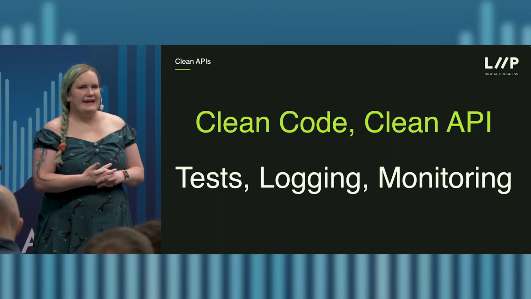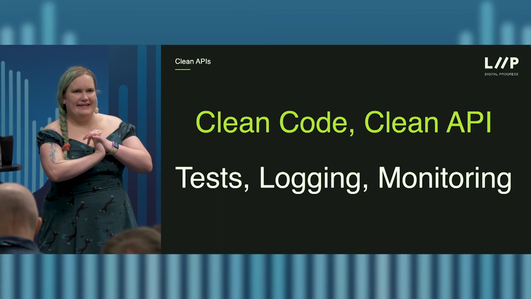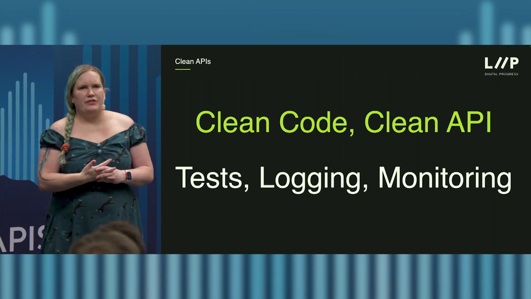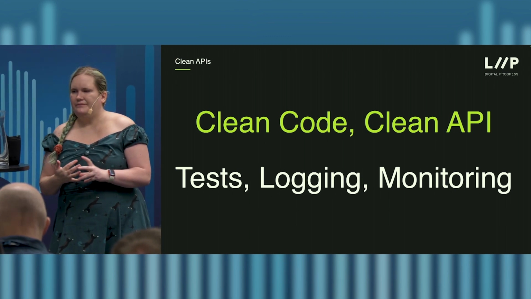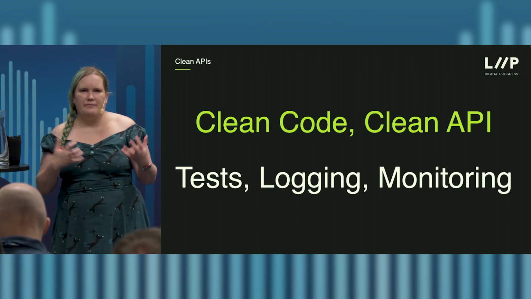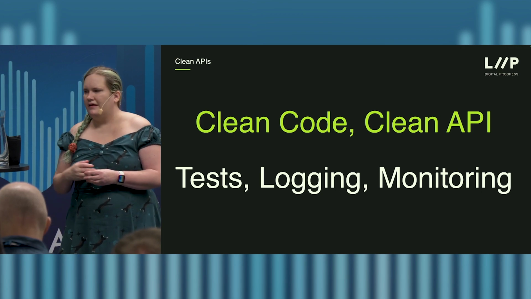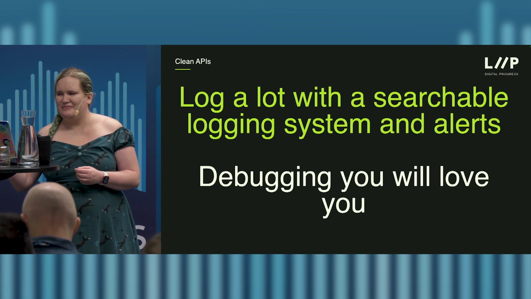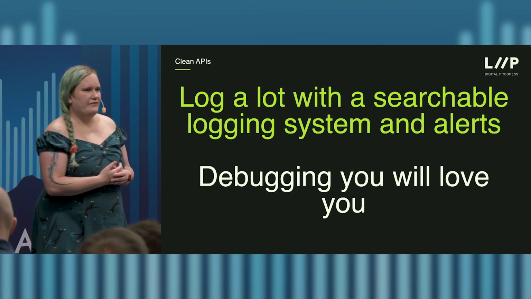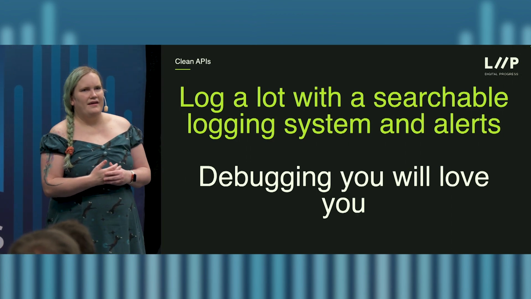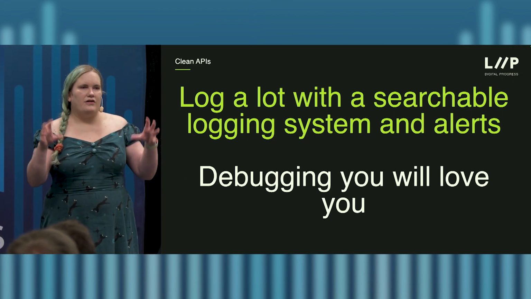Then there's the clean code, clean API things. A lot of people think about tests and logging and monitoring, but it's really, really, really important. I recently worked on a project where we were having the logs on the server.